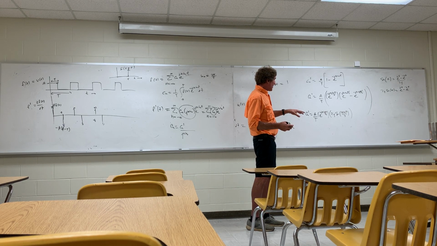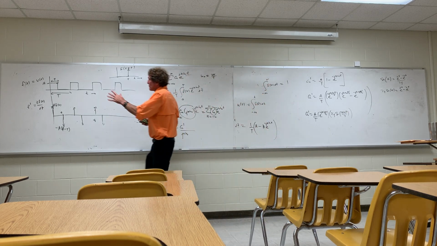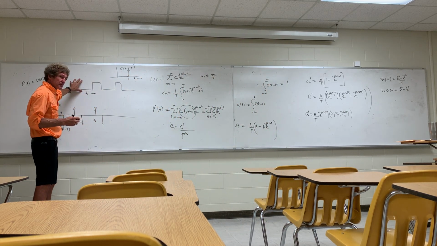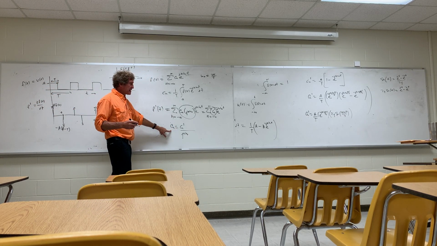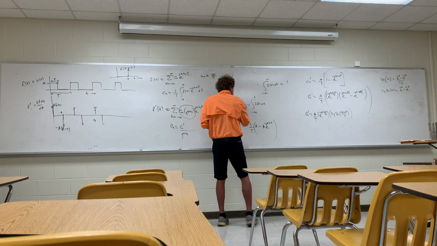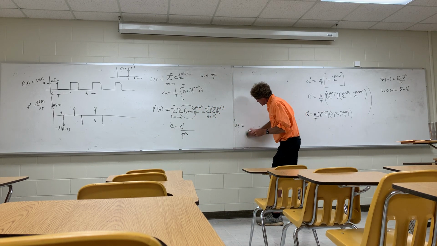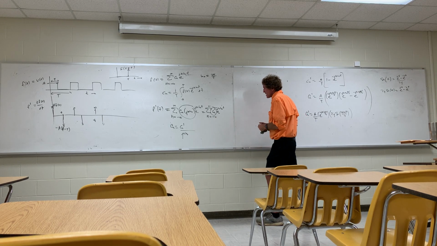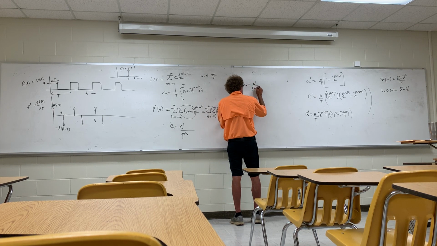Okay. Now I have C of n prime. This is the series I want. I want the coefficients for this series, so I come over here and divide by j n omega naught. Do you follow me? So now my C of n is equal to C of n prime over j n omega naught.